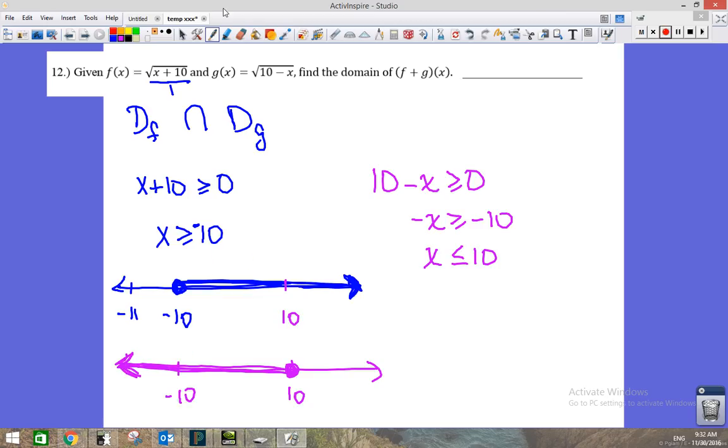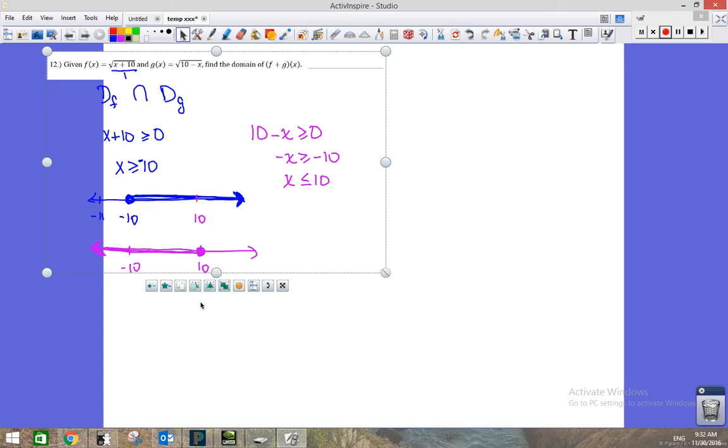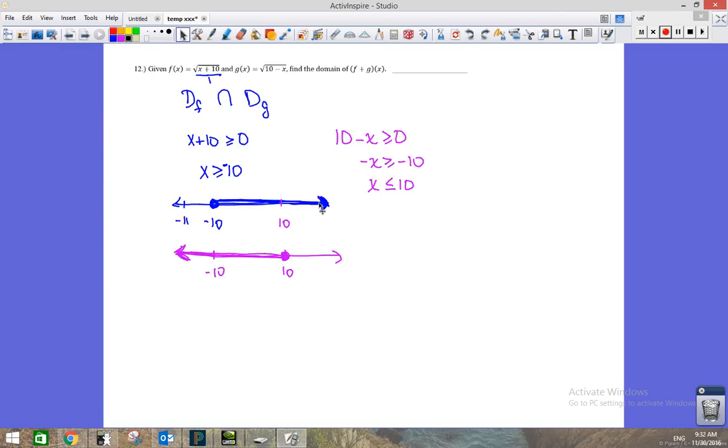So I put the same numbers in each of my number lines to help me find the intersection, because here's the and part, that you have to be in this set and in this set. You have to be in both sets to be in the intersection. So my final answer, I'm interested in -10 and +10 as my boundaries.